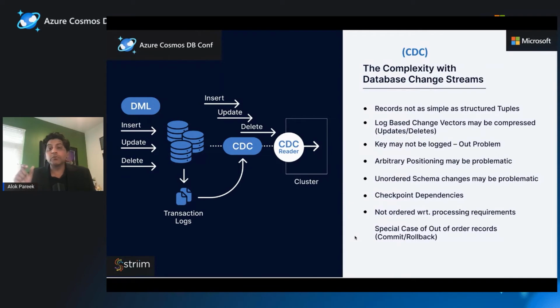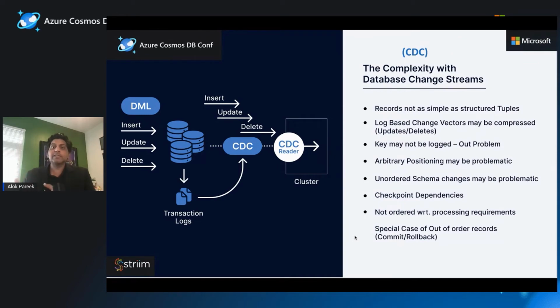You have to write a lot of code, you have to understand the format, and that's not that simple. Oftentimes, you might do things like partial updates. So if you do a partial update, then what happens if you already have a complete image of that document in Cosmos DB, and now someone just updated, let's say, on the source system, just 2 of the columns out of the 100 columns? Well, then the document that I construct might be a partial document. So how do I deal with things like that?